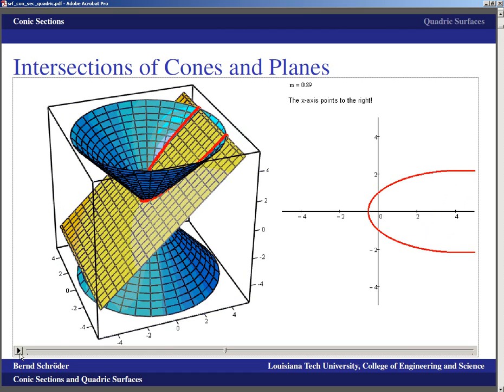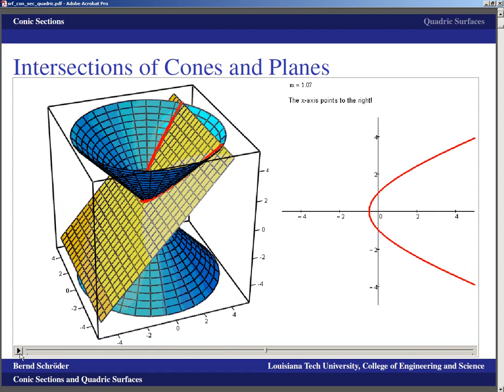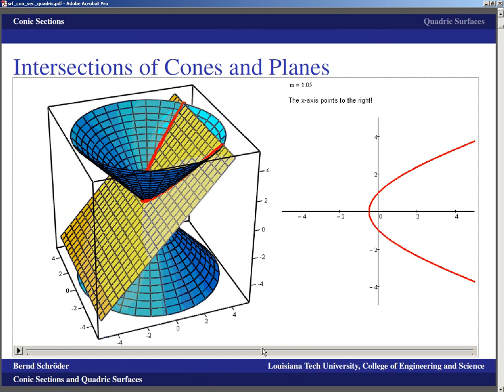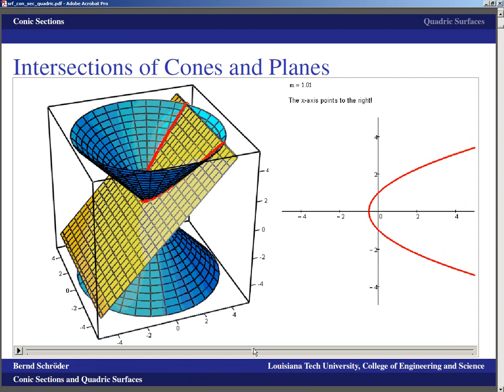Then it keeps going, and when the slope of the plane is exactly 1, let's see if I can pull that back here. When that slope is exactly 1, because this cone actually is also one with, quote-unquote, slope 1, we're going to see the equation on the next panel, the intersection is actually a parabola.